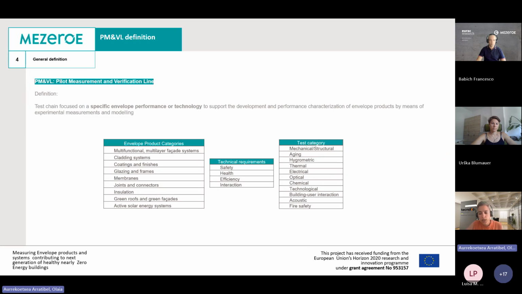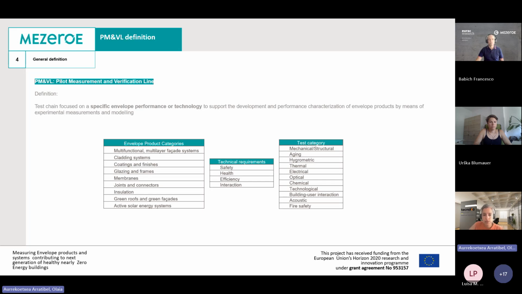So once we analyze the needs that manufacturers or the industry may have, we set up the different laboratories or testing facilities, and each of us is focused on a specific envelope performance, such as building user interactions, or on a technology, which could be a BIPV, building integrated photovoltaic, or a wooden envelope product, or so on.